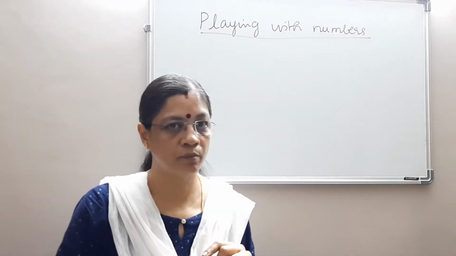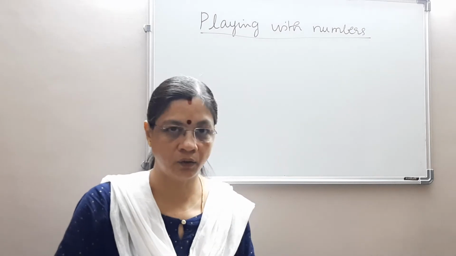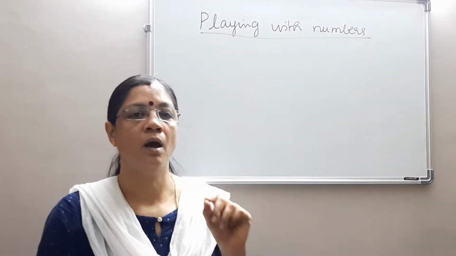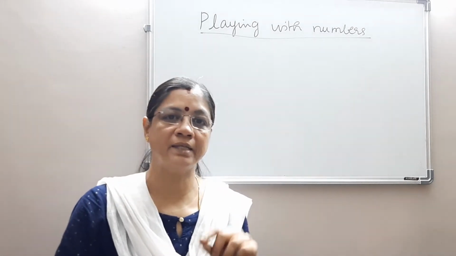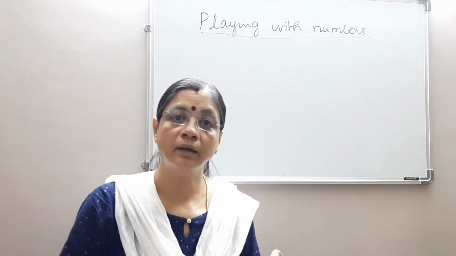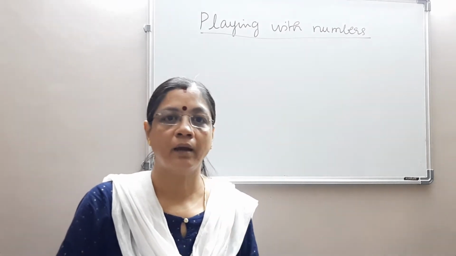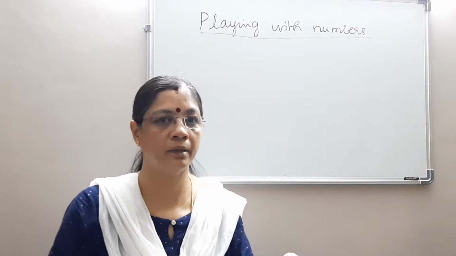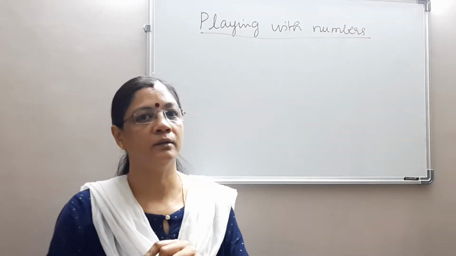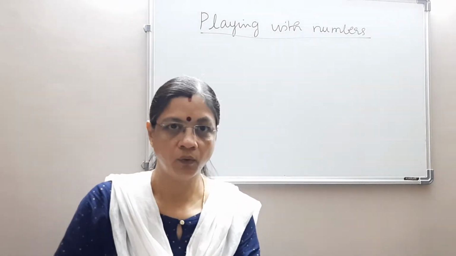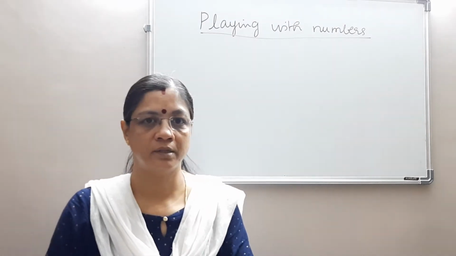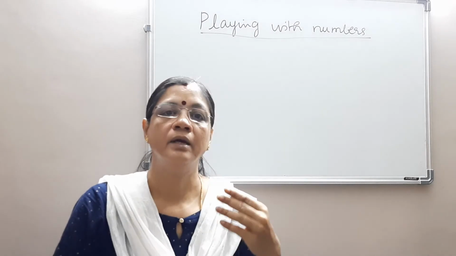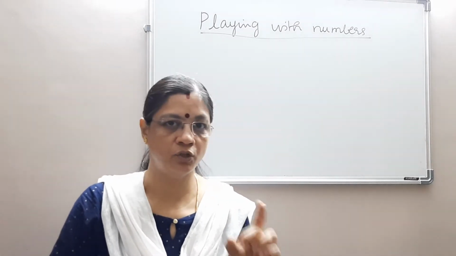So the unknown numbers, whether the sum or the product is given, can be represented by x and y, and those can be represented in terms of HCF: HCF into some number, and HCF into some other number gives you the other number. That is the first thing you need to remember.